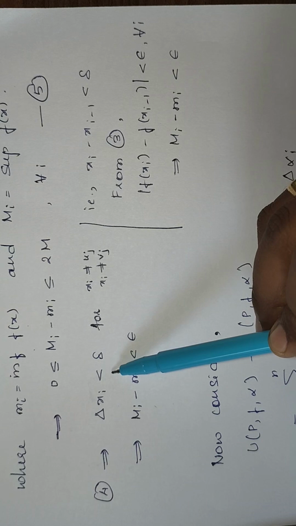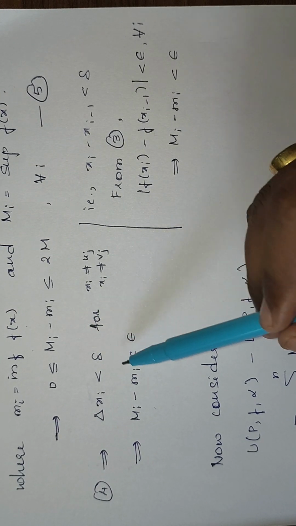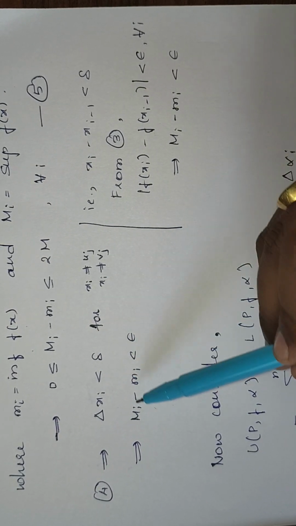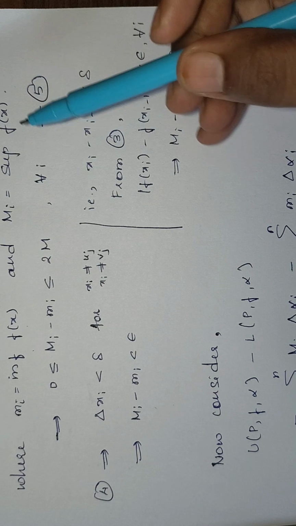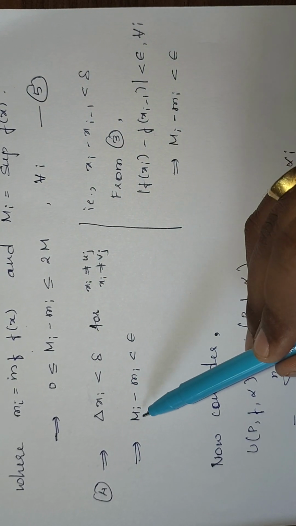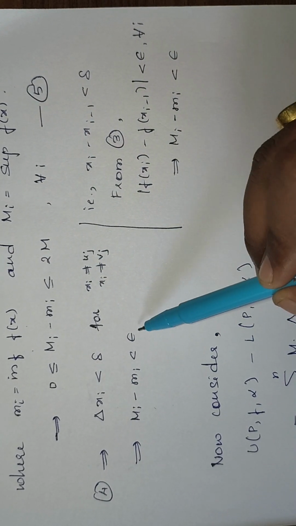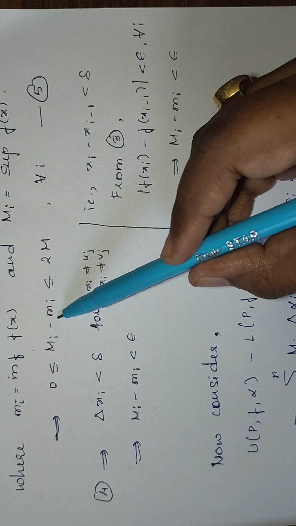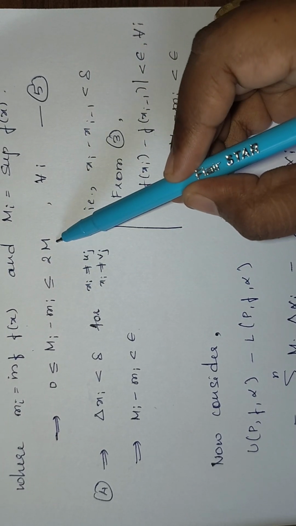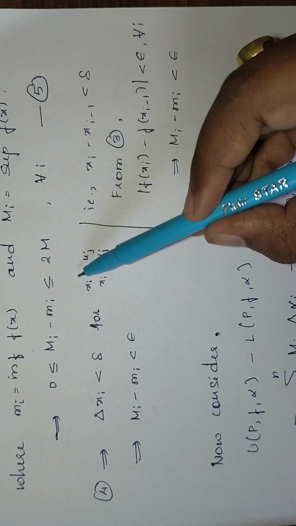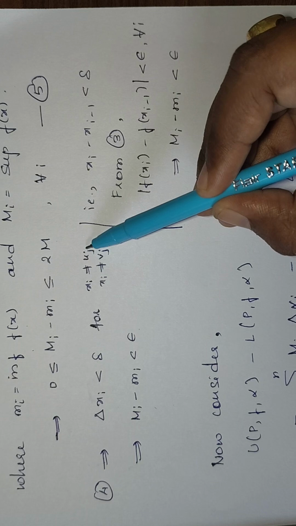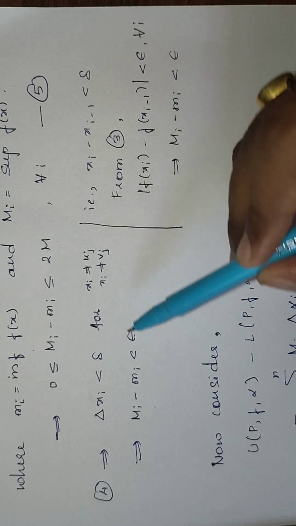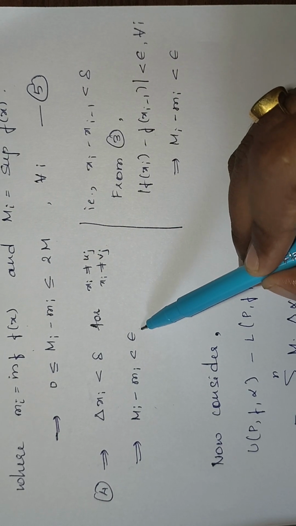And here I'm just trying to make the difference between that. See here, this Mi minus mi is less than epsilon, and this Mi minus mi is less than or equal to 2m. Okay, whenever this xi is not equal to uj or vj, this is the condition.